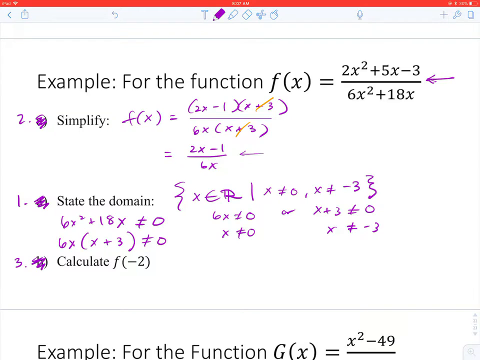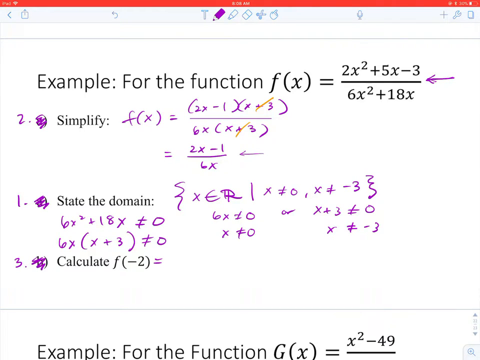However, typing in the original rational expression, you would actually be able to see, well, maybe not see on your calculator, but if you were to look at the table of values, or use the trace feature on your graphing calculator to see what the y value is at x equals 0 or x equals -3, you would see that y is undefined. It would give you no y value back. Versus if you were to substitute a value that is in the domain, like x equals 2, you would get the y value, or x equals -2, you would get the y value that goes with x equals -2.